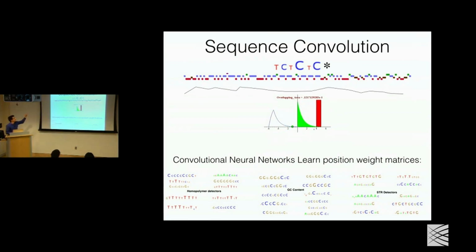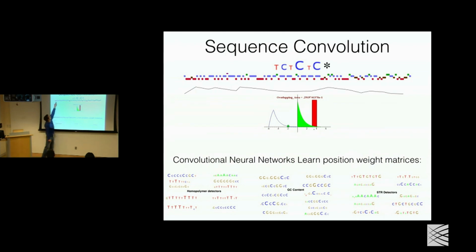So here I'm doing a one-hot encoding, but I'm just showing it with the color. So blue is C, red is T, G is brown. And that little black line is a very rough sketch of what the output of convolving this with this would be.